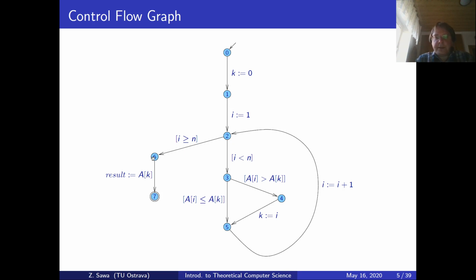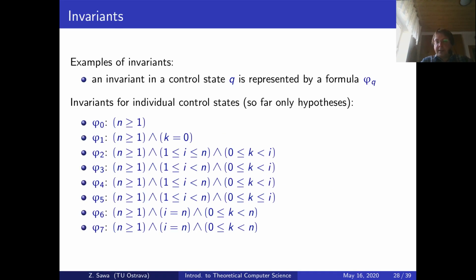The construction of these invariants is not something that could be done in a completely arbitrary way. In fact there are ways how it could be automated to some extent, but at least some of these invariants must typically be specified by some human person that tries to check the correctness of the algorithm.